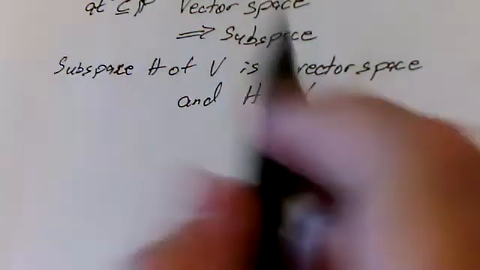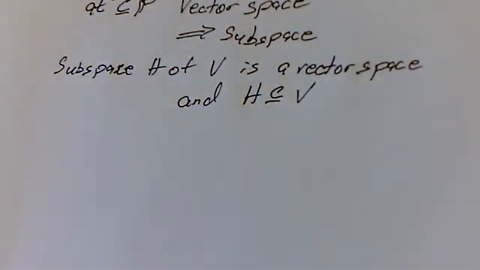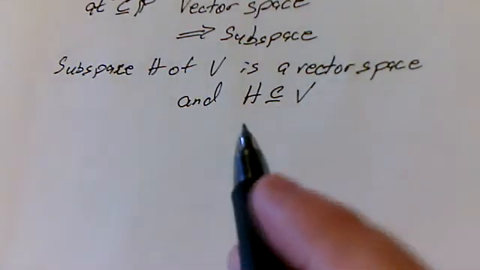Since it's a subset, we get a lot of the conditions that we had to show for V for free. We get most of these things for free. There are just 3 big ones.